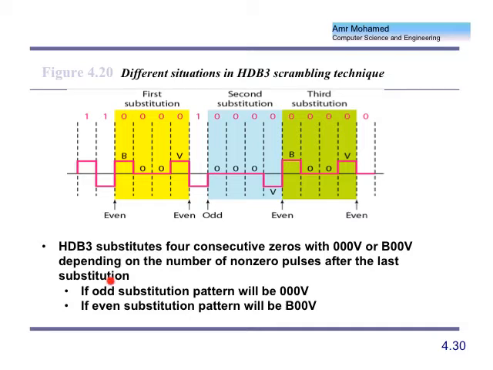If it's odd, then the substitution pattern will be 000V. So this is called HDB3. It substitutes 4 consecutive zeros with one of these patterns. If it's odd, then I'm going to have V, which is one change. So because odd, I'm going to have one change.